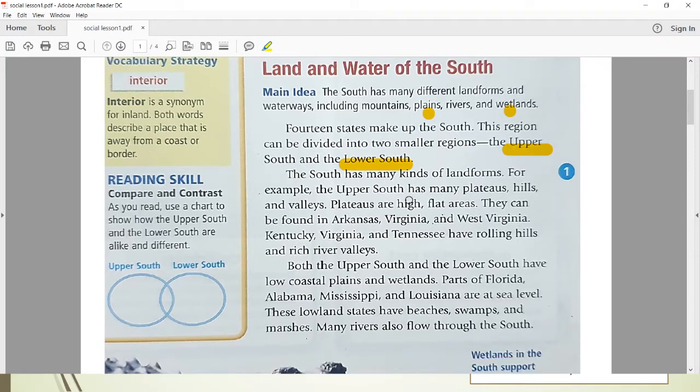The South has many kinds of landforms. For example, the upper South has many plateaus. Plateaus are actually very high flat areas, so remember that. Next, we have hills and valleys. Plateaus can be found in Arkansas, Virginia, and West Virginia.